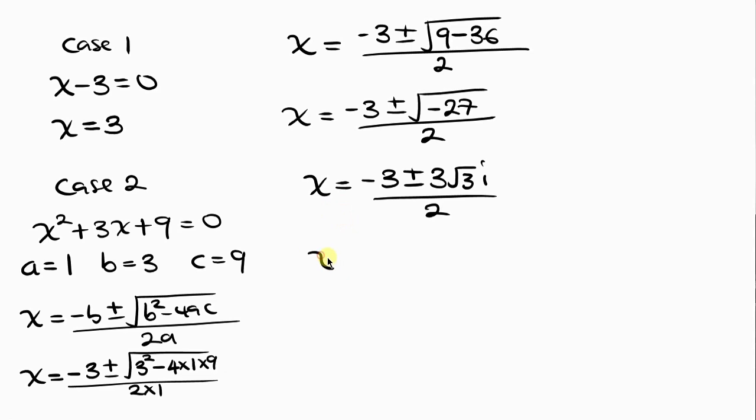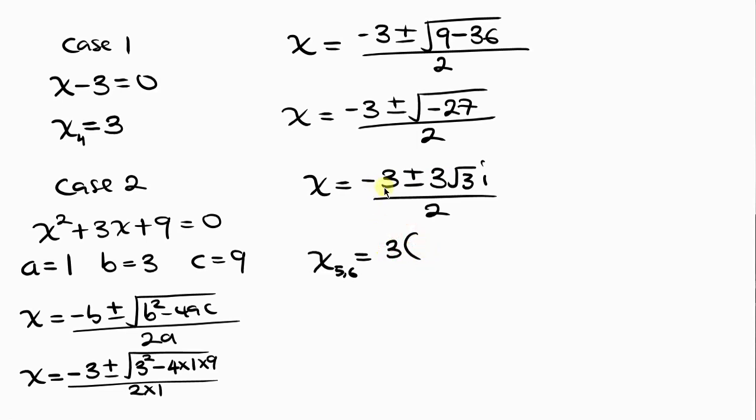Remember, we've already got 3 solutions before, so this makes it 4 since I have one here. So we have 4, and this is 5 and 6 solutions of x. So for the 5 and 6, this is equal to, now notice that 3 is common, so I can factor out 3.